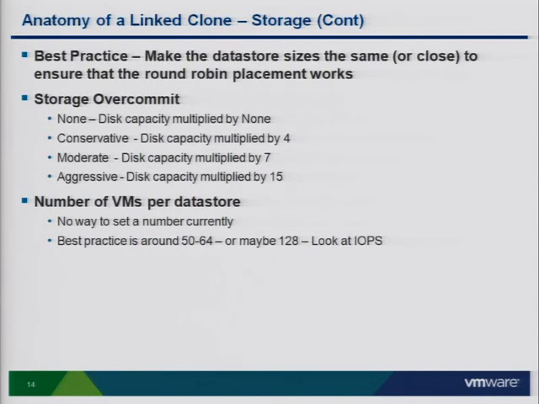If we're destroying it every time it's been used, we can be very aggressive with the amount of overcommit because we know it's not going to get very big. Conversely, if it's doctors and I only refresh their desktops once a month, when I do Patch Tuesday, over the period of a month their link clone could grow very large. Then I want to be much more conservative on how much storage I over allocate for the growth of my link clones.